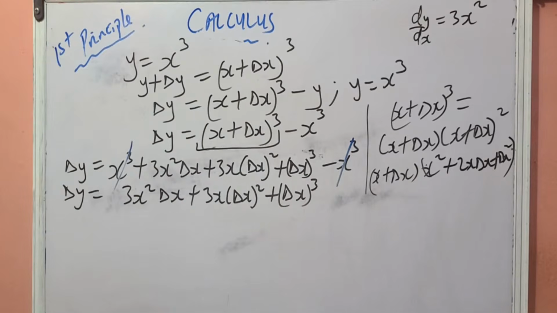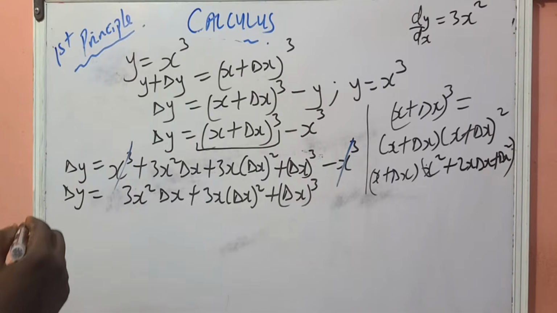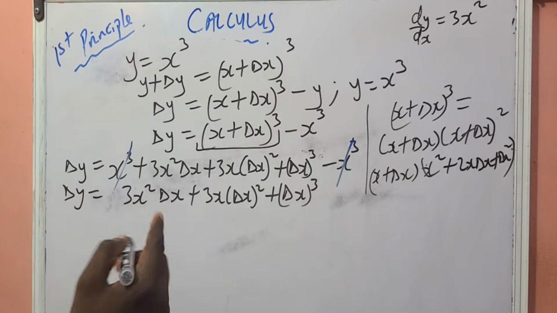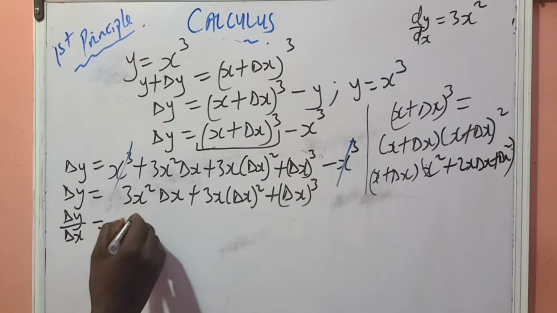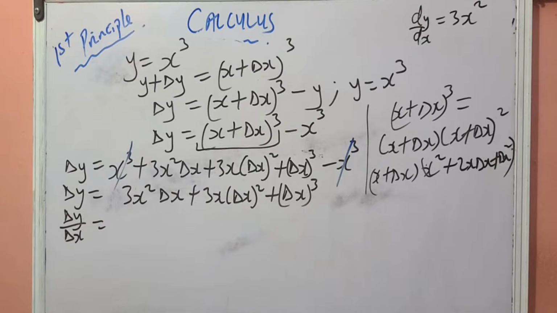So what you want to do now is the third step. We have done the first and second steps, and we want to do the third step. The third step is for us to divide this expression by dx. dy over dx will be equal to all this over dx.